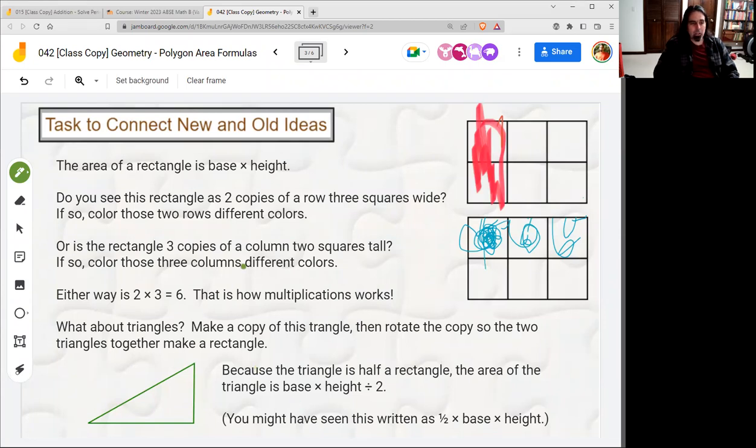That's good shading of a column. On the top, let's do the rows though. Can I hit undo and erase your columns? Or do you want to?